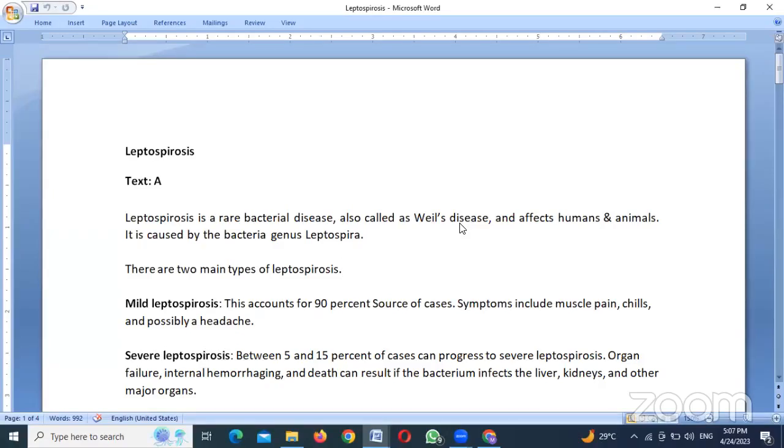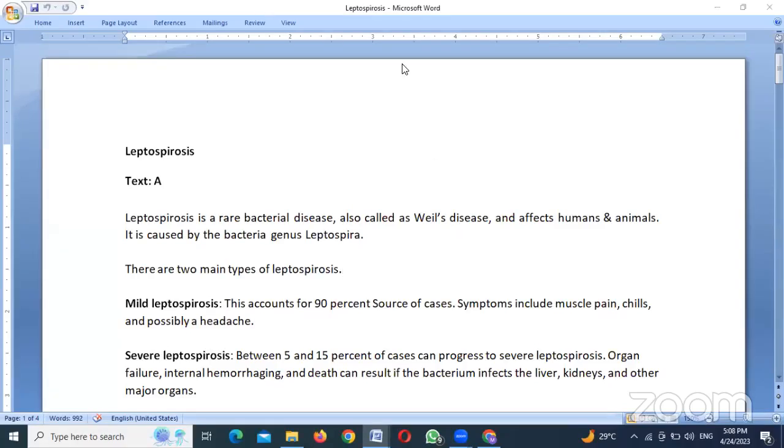Can anybody just quickly point out what is the strategy for reading part A? What are the strategies for reading part A? Yes, doctor, please.